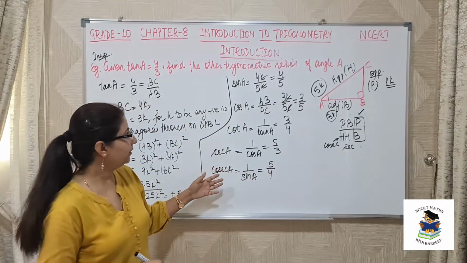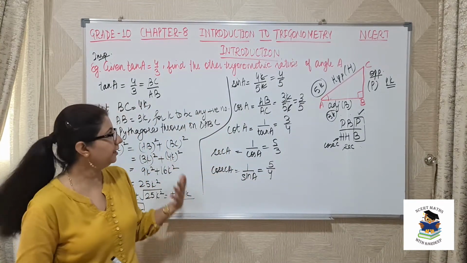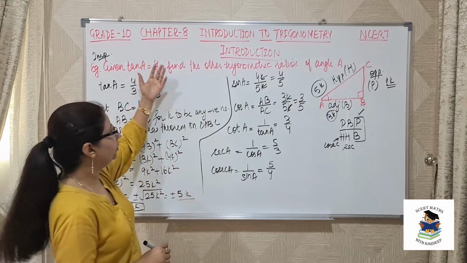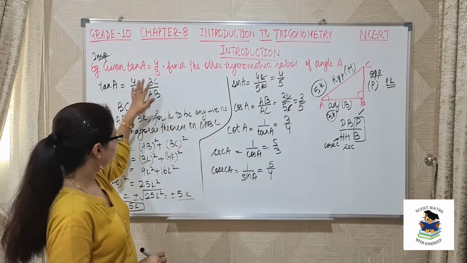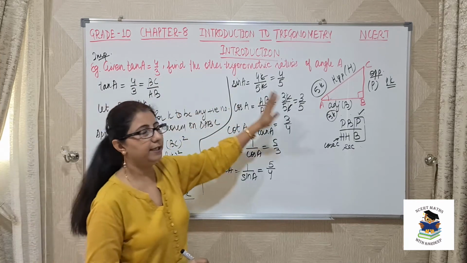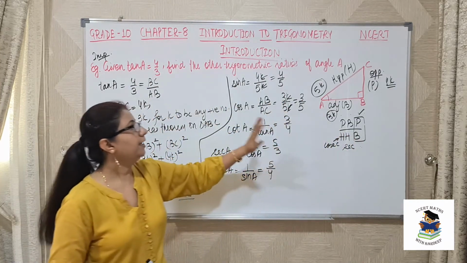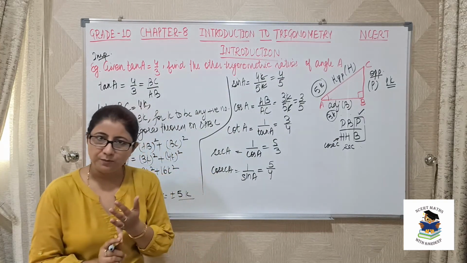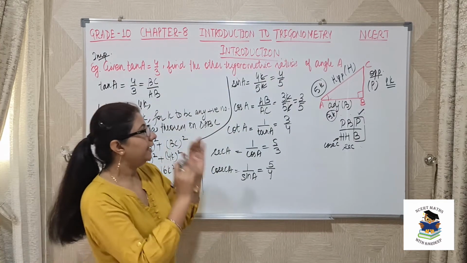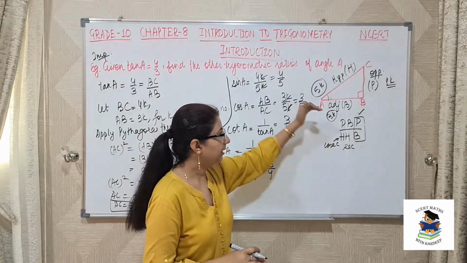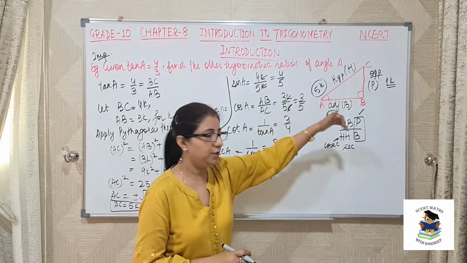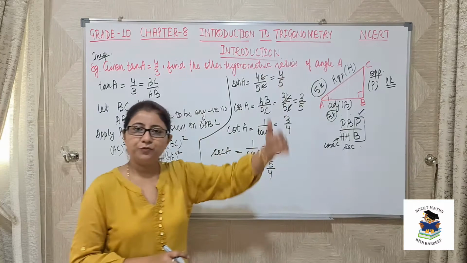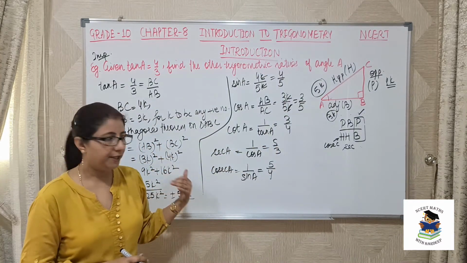And that's it. This is our question. So I repeat what we have done. Whatever ratio is given to you, using Pythagoras theorem, find the length of the missing side. Okay, you should identify which one is your perpendicular or opposite side, which one is the base, that is the adjacent side, and then use your formula, that is P over H, B over H, P over B, to find the values of your trigonometric ratios.